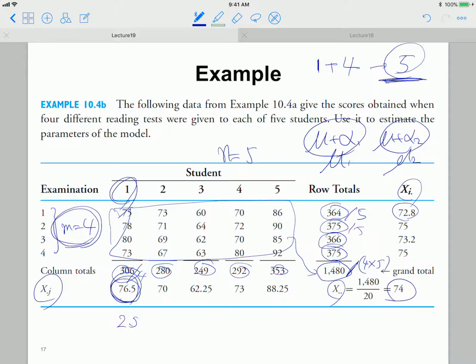So the key thing that we have to focus on is, even though it looks like 5 different parameters, a single mu and alpha 1, alpha 2, alpha 3, and alpha 4, they are actually not 5 different numbers.